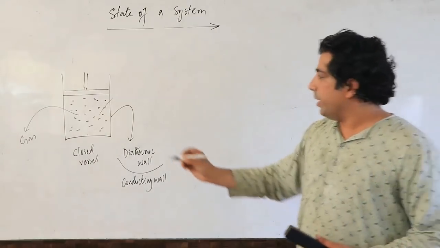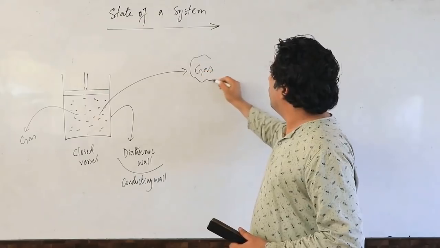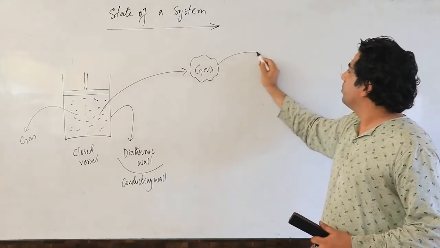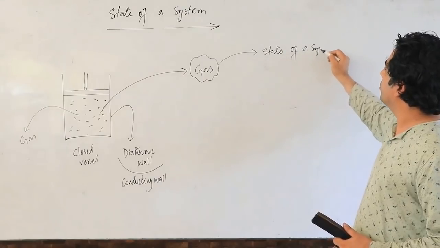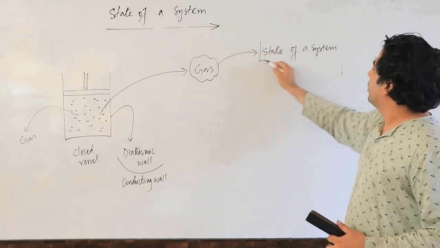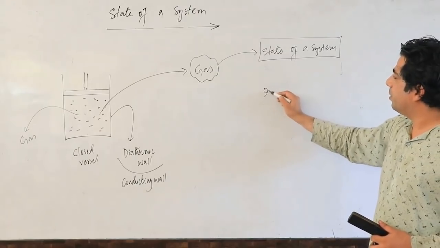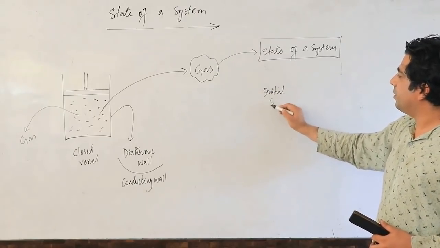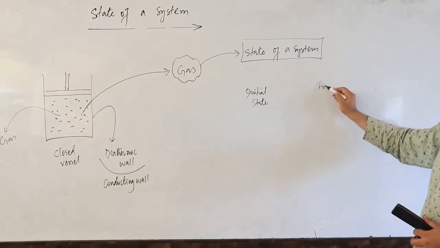So I am taking a gaseous substance from here and I want to talk about the state of a system. In state of system we can have the initial state or we can have final state.